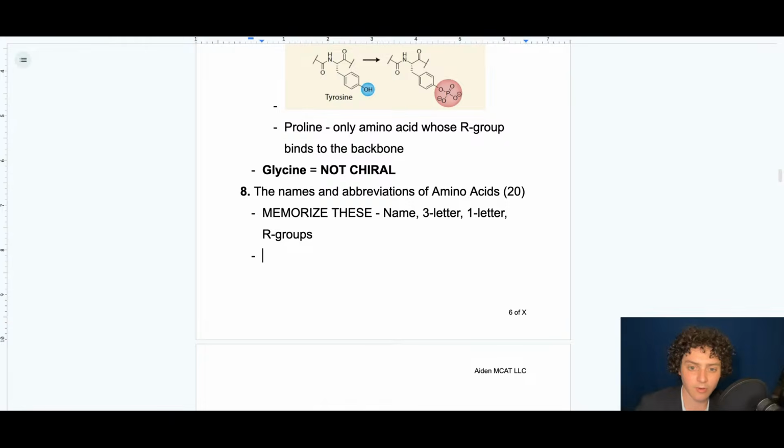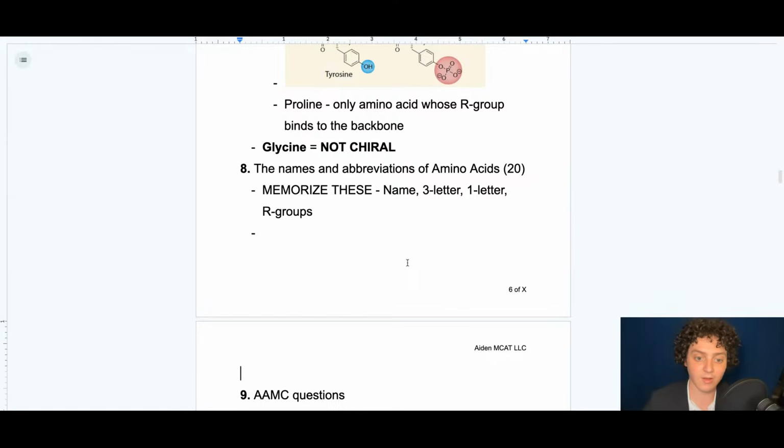Before I move off of topic 8, though, I want to mention how I memorized these amino acids. I started by doing what I just did in this video, which was going through the structures and learning what makes each amino acid unique. It's the R group, but specifically, what different kinds of R groups are there? One could imagine any manner of organic molecule attached to that amino acid backbone.